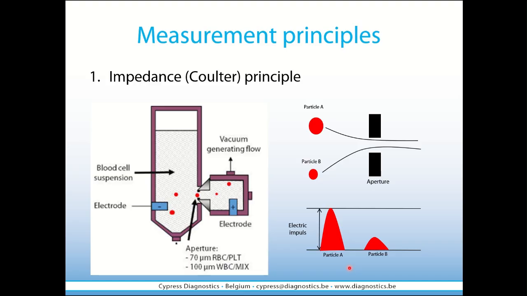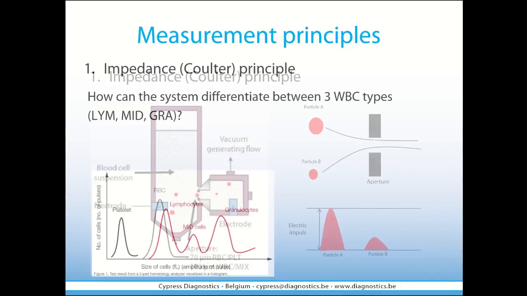So, by monitoring such pulses in electric current, the number of particles for a given volume of fluid can be counted. The size of the electric current change is related to the size of the particle, enabling a particle size distribution on a histogram.